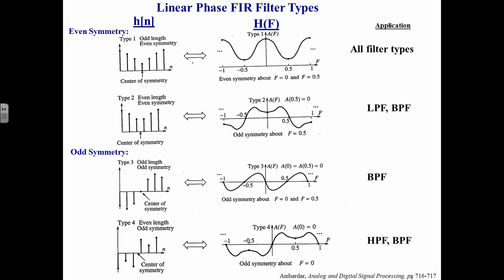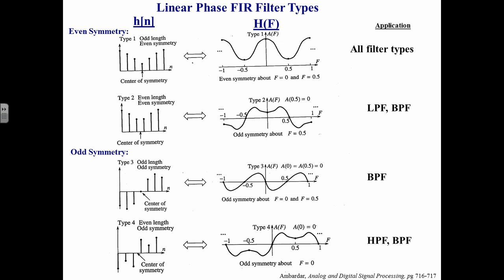However, if I have what's shown here in the second row, a type 2 filter that has an even length, an even number of samples in its unit sample response, and has even symmetry around its center, that kind of combination of symmetry forces the frequency response, the magnitude response, to be odd symmetric around the Nyquist frequency. And so that means that I must have a 0 at the Nyquist frequency.